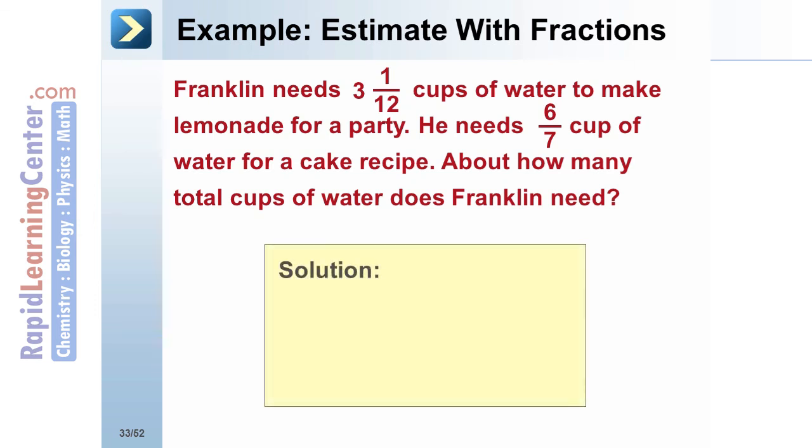Solution: 3 1/12 is about 3. 6/7 is about 1. Therefore, the expression is approximately 3 plus 1. Simplify to find that Franklin needs about 4 cups of water.